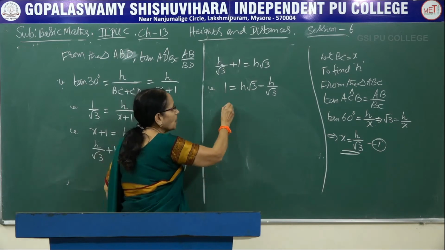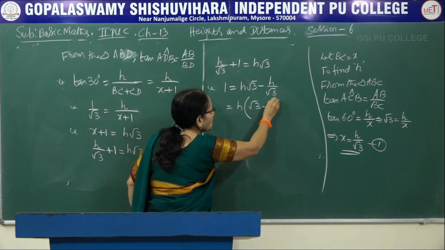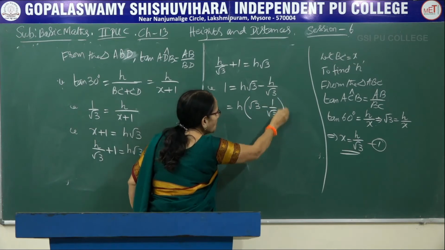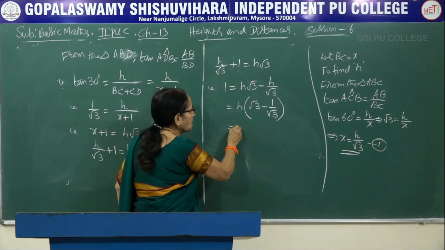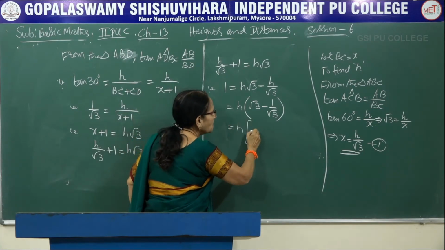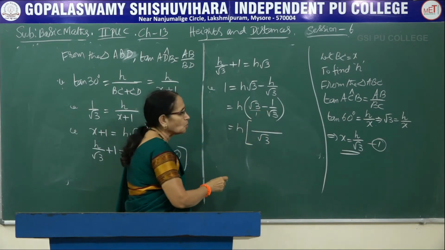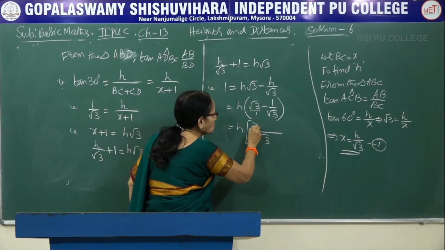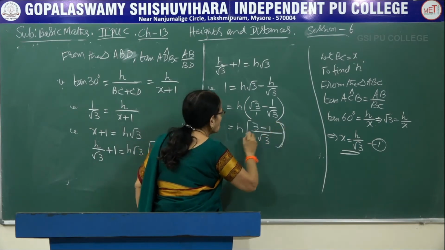Take out the common factor, that is H. What is remaining? Root 3 minus 1 by root 3. It's nothing but arithmetical calculation. You have to take the LCM, LCM being root 3, because here the denominator is 1. So root 3 into root 3, 3 minus 1, and this would be equal to 2.